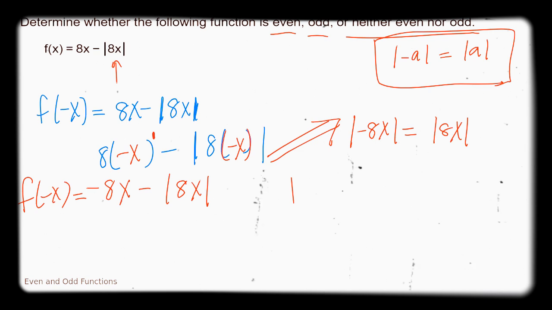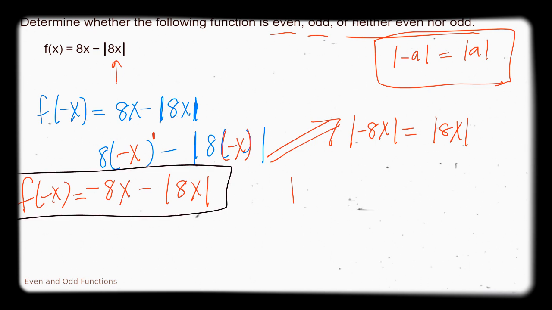So f of negative x is equal to negative 8x, negative the absolute value of 8x. Let's see if f of x and f of negative x are equal to each other or are the same.